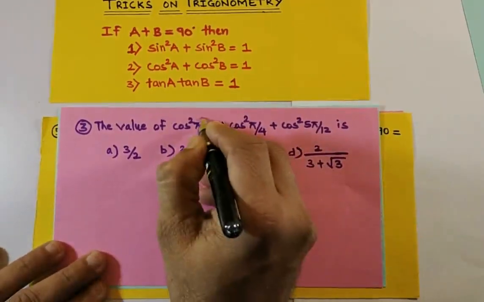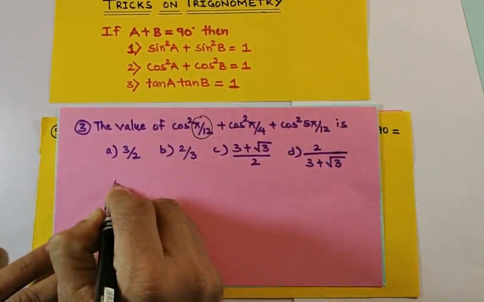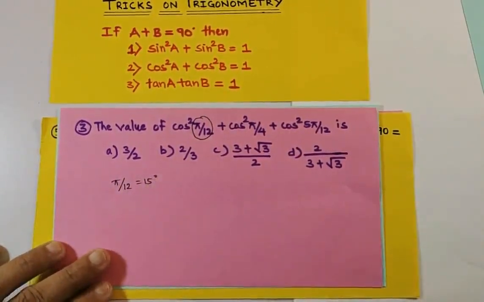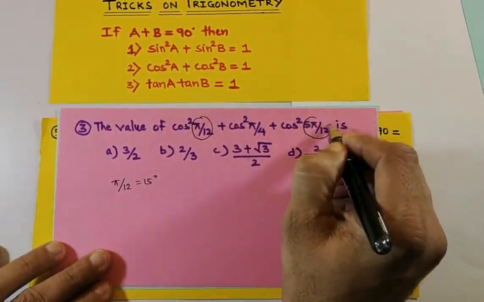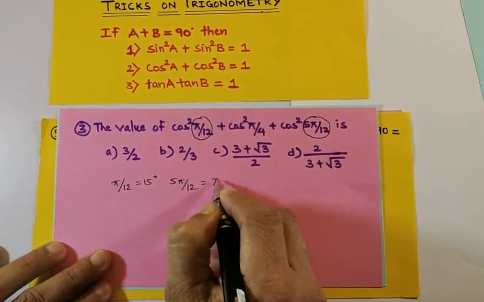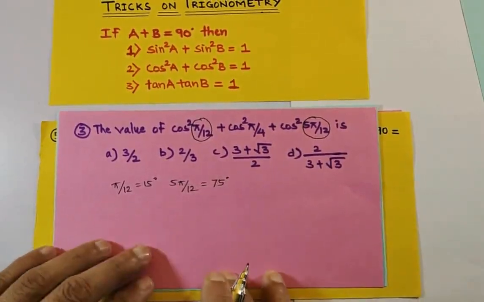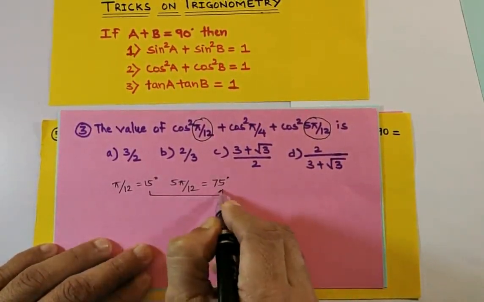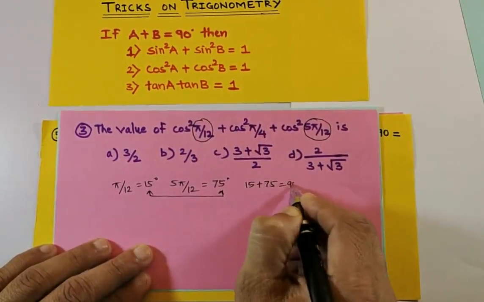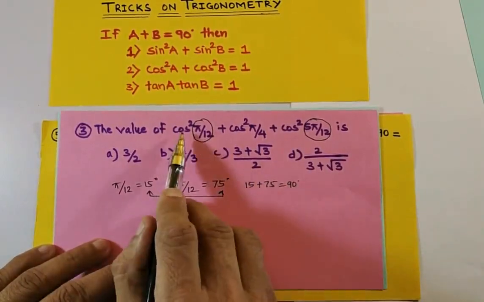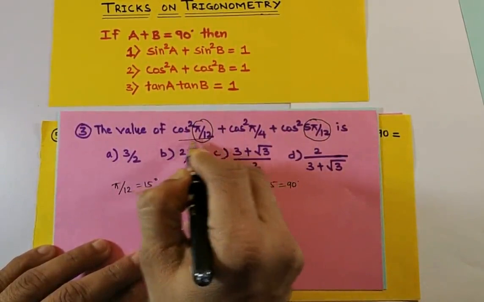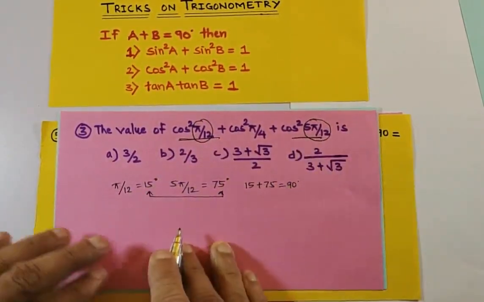Now if you observe, pi by 12 is nothing but 15 degree, and 5 pi by 12 is nothing but 75 degree. So again if you add these two angles, 15 plus 75 will be equal to 90. Again cos square A plus cos square B is 1. So the sum of these two is 1.